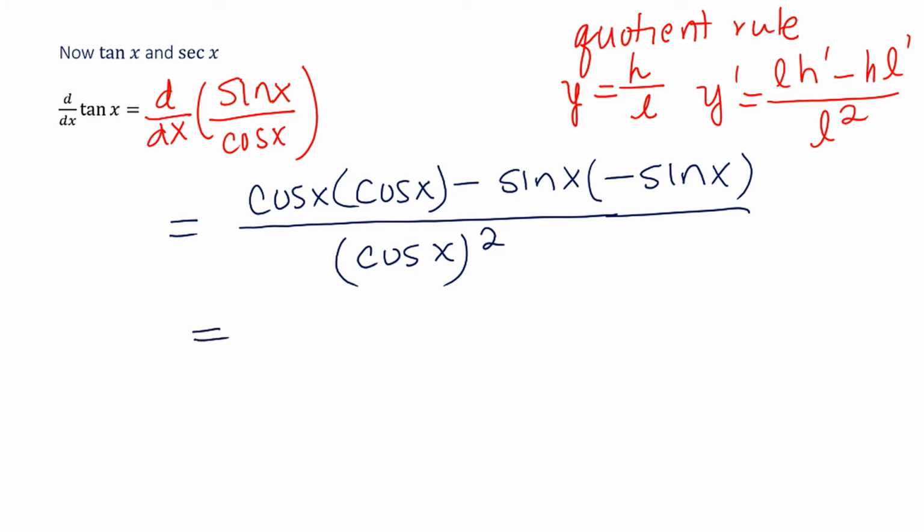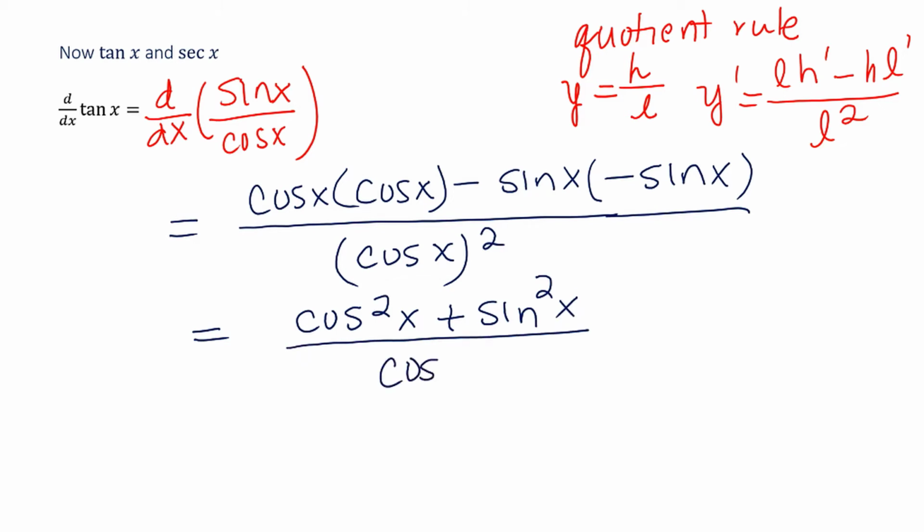Continuing, cosine x times cosine x is cosine squared x, minus sine x times minus sine x is plus sine squared x, and that is still divided by cosine x quantity squared.